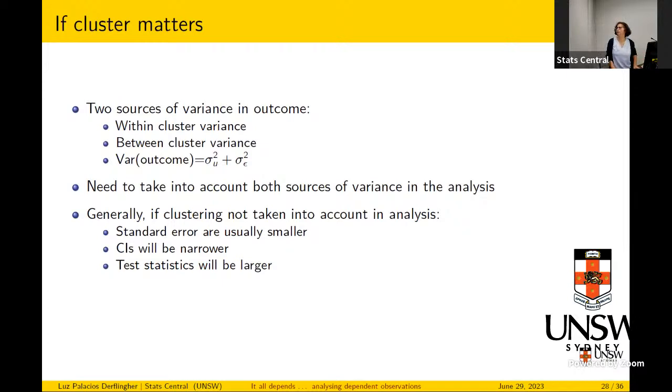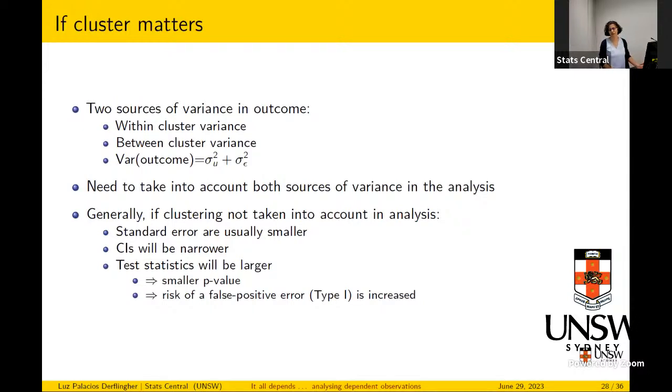So the test statistics will be larger, which implies smaller p-values, and that implies a risk of false positive error is increased. Yeah, and in our example, that's what happened, right? We concluded that something was significant with the linear model that doesn't take into account the clustering, whereas in the other one, we didn't conclude that.